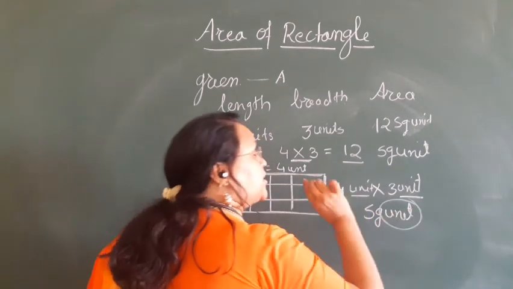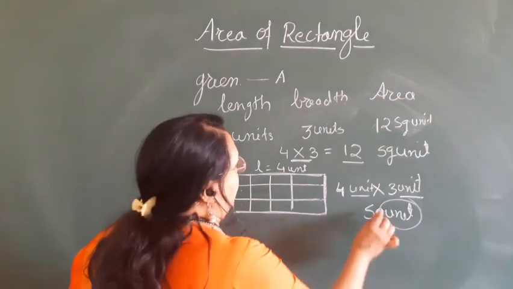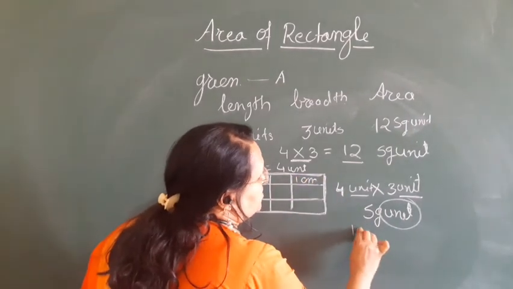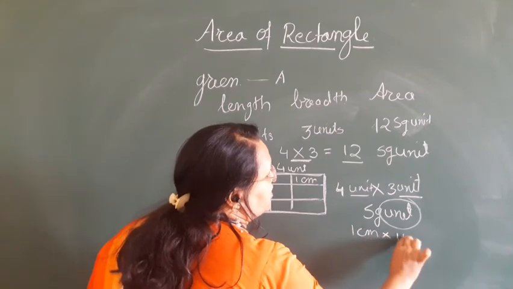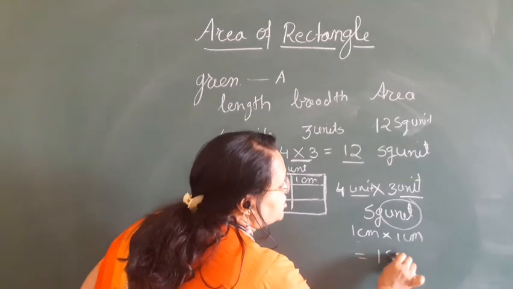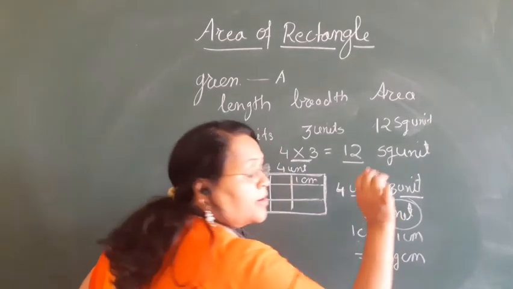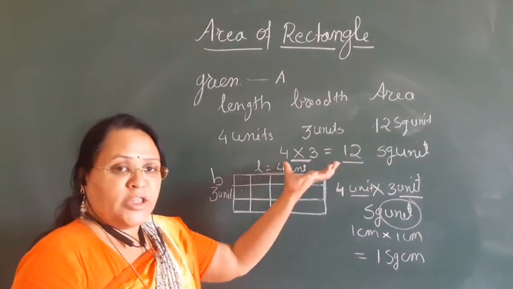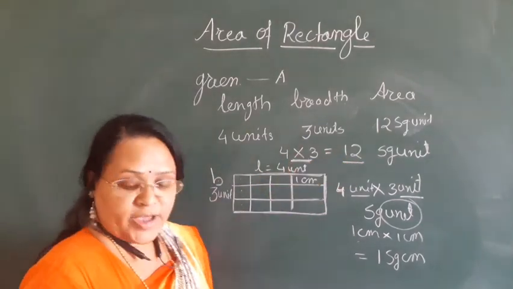We can take these boxes as 1 centimeter, so 1 centimeter multiplied by 1 centimeter is 1 square centimeter. So it is given in the book as 12 square units.